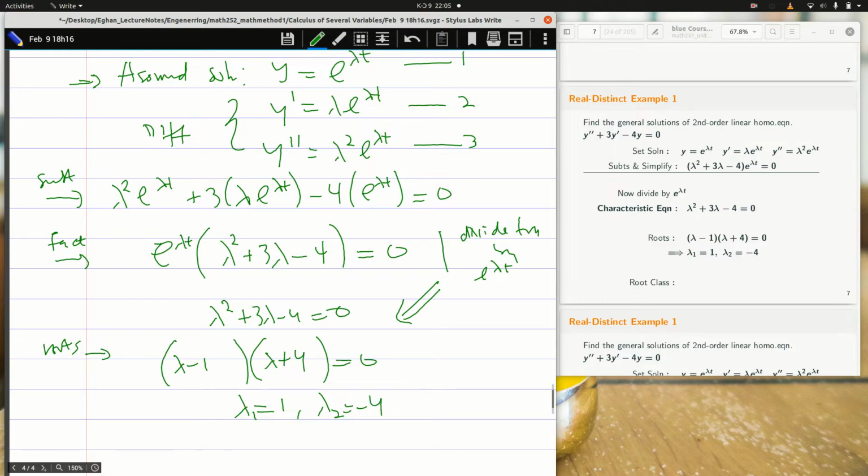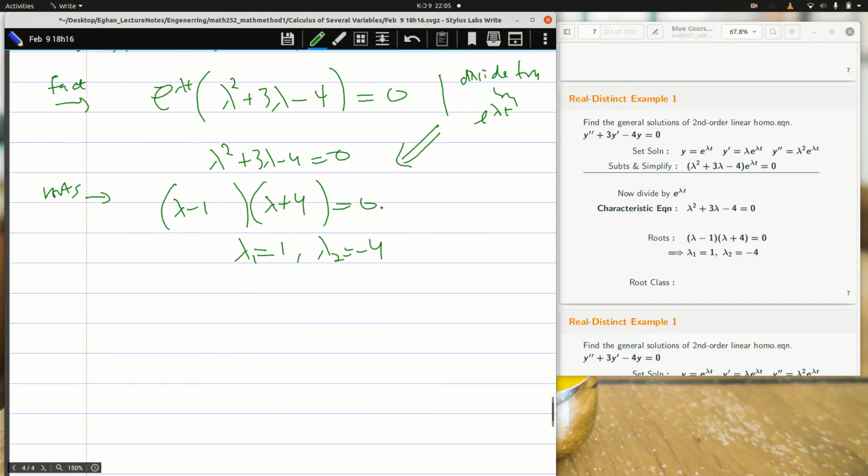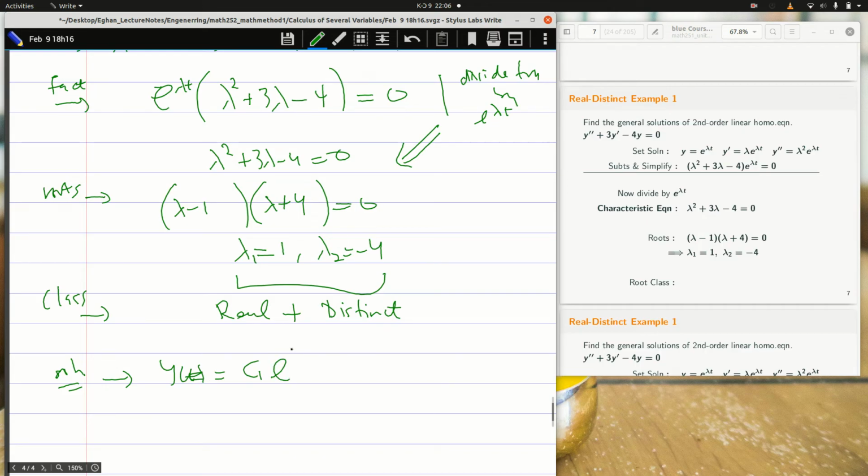I can classify this as real numbers and distinct. Hence I can write my final solution as y(t) is equal to c1 e^t plus c2 e^(-4t).